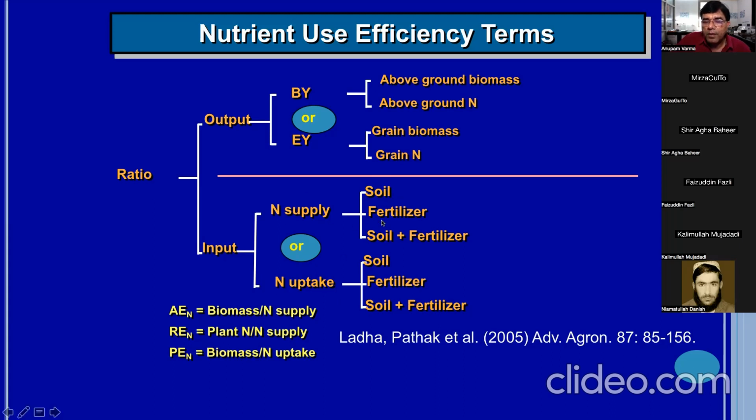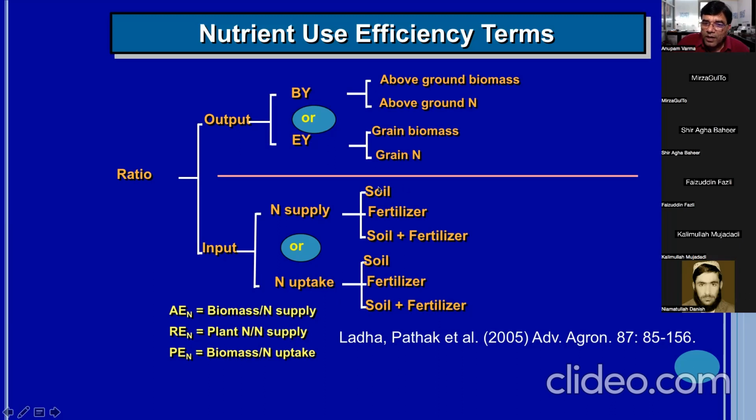Actually, when we talk of, just try to understand here itself. When we talk of nutrient use efficiency of fertilizer, then we take yield from the fertilizer applied treatment minus yield from the control. So yield from the control means yield from the field or plot from where we have not applied the fertilizer.